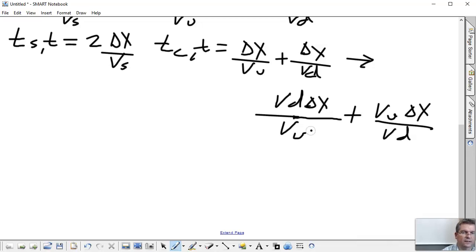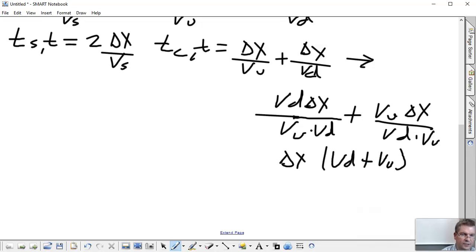Now they have the same denominator, so I can add those two things together. To simplify that, we now have delta x times v sub d plus v sub u all over v sub u times v sub d. And this is now equal to our total time in the current.